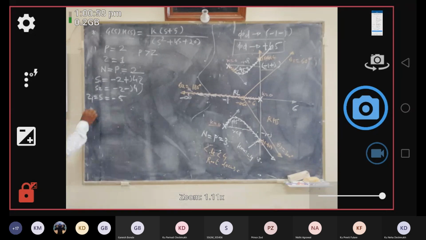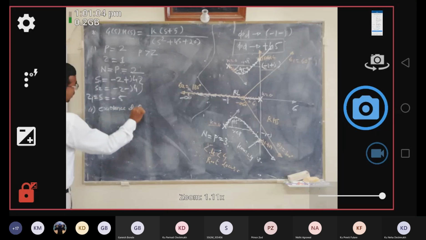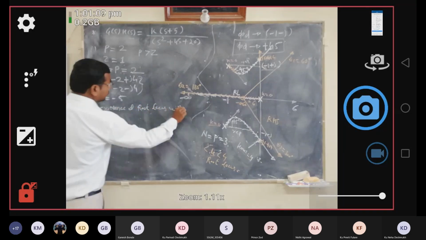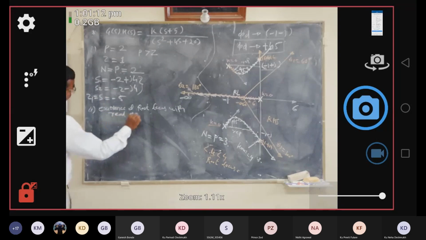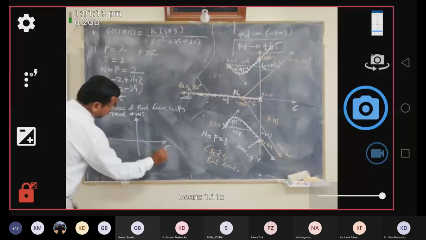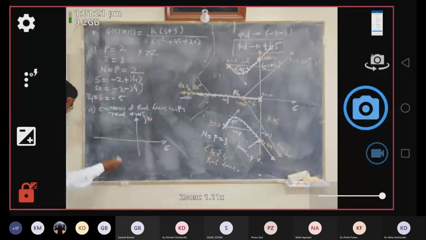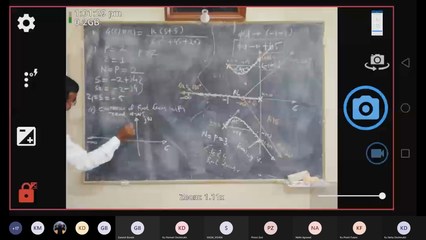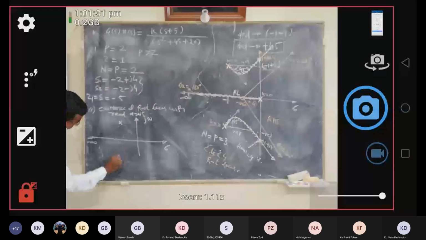Then second step, existence of root locus with the real axis. Sketch a rough plot of sigma and j omega, with minus infinity here. So minus 2 plus j4, let's say here is my one complex pole.